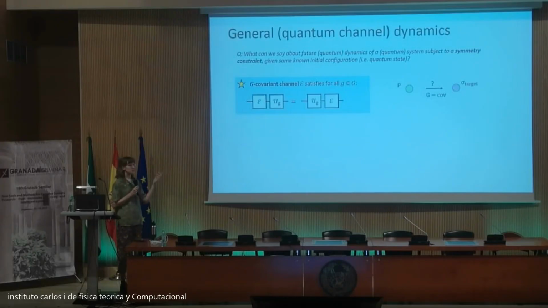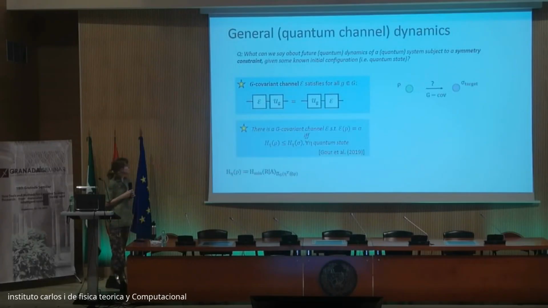You have some initial, potentially mixed state rho and some final target state sigma, and you ask, does there exist a G covariant, symmetry respecting channel that maps you from your initial state rho to the target state sigma? This paper found an infinite set of entropic conditions under which such a transition is possible. These are very nice. They're complete, but they're an infinite number of conditions.